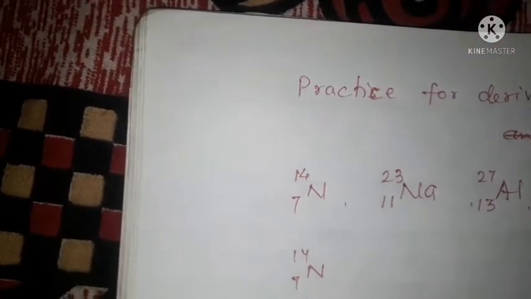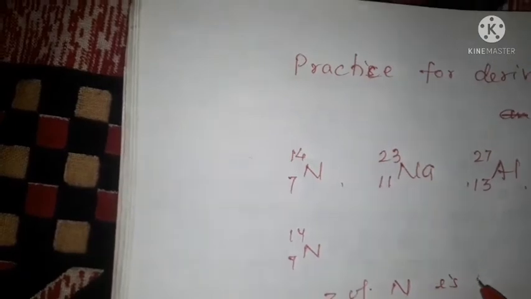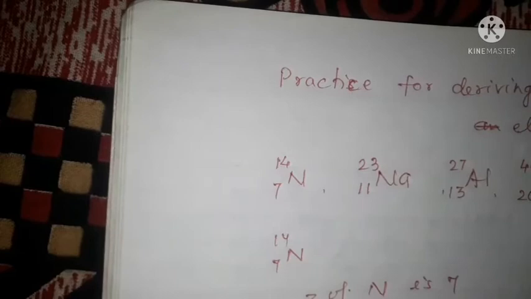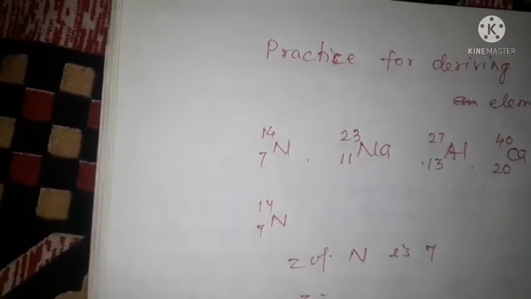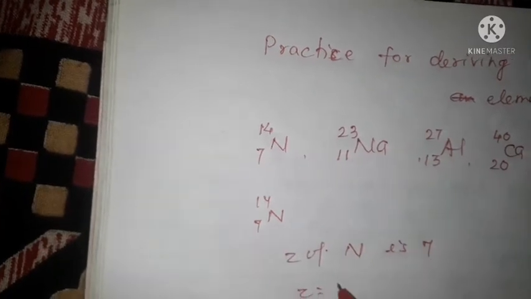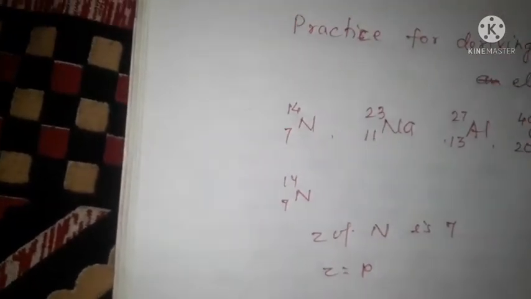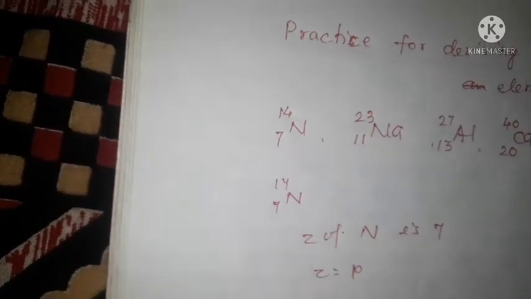First we derive nitrogen. We know that Z of nitrogen is 7, and Z is equal to the number of protons. If Z is 7, then protons are also 7.